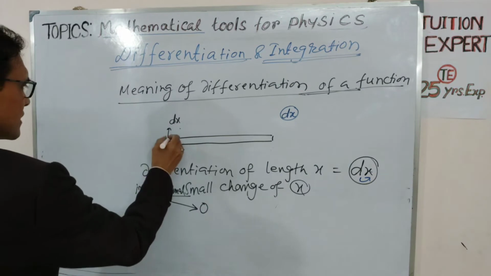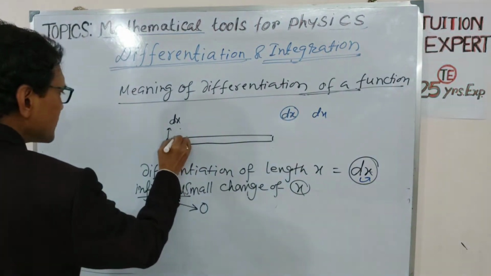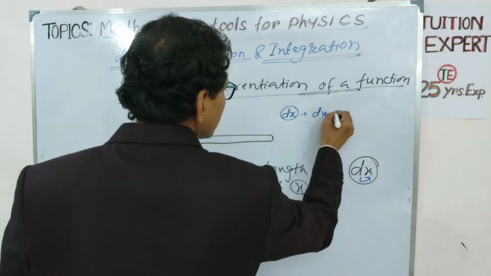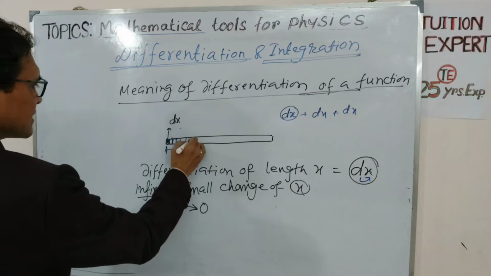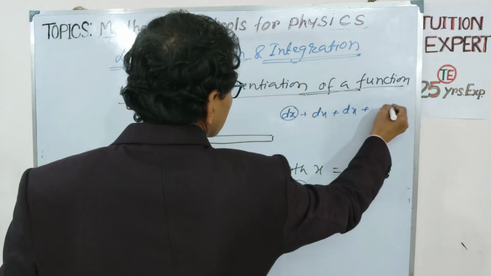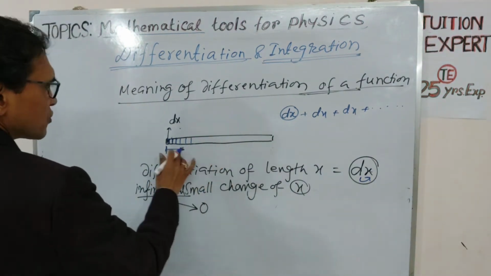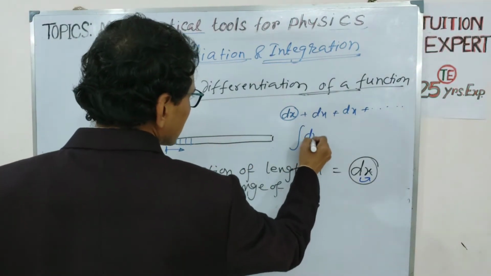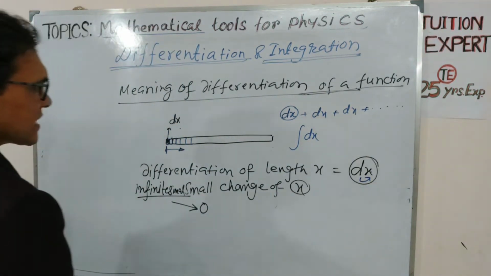Now another small increment dx, another small increment dx, and if we add the whole things, as these are infinitely small, if we integrate this, that is integration.